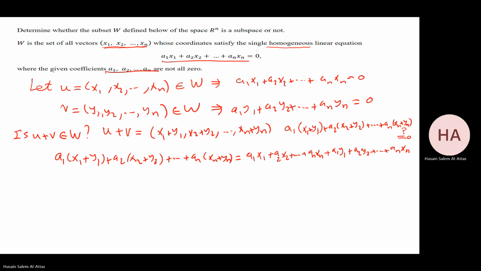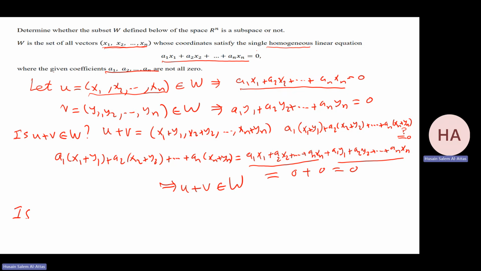And I know that since this is a vector in W, that means it satisfies this. So all of this is 0, and this is 0. So that will be 0 plus 0, which is 0. So that means this vector u plus v belongs to W.